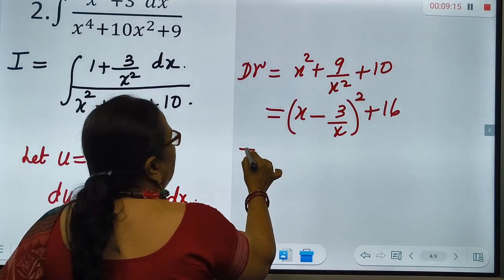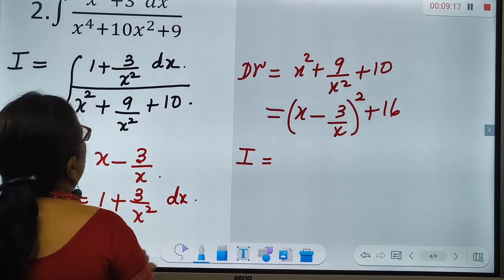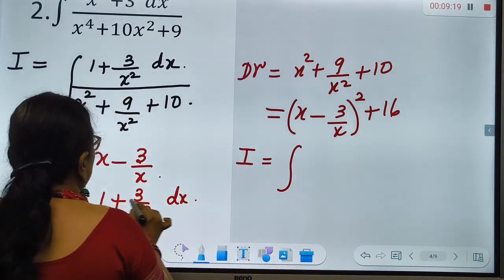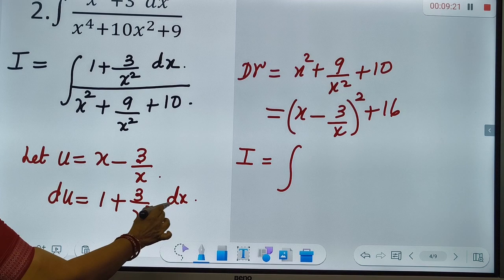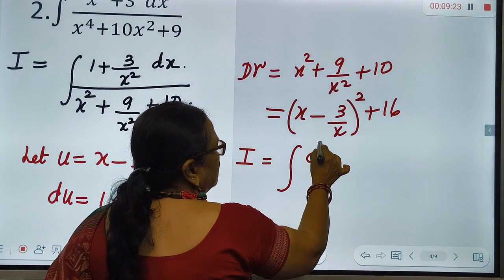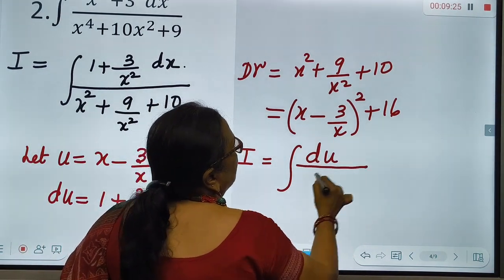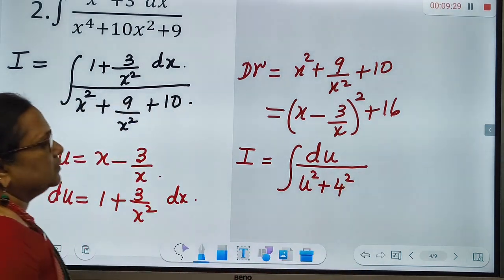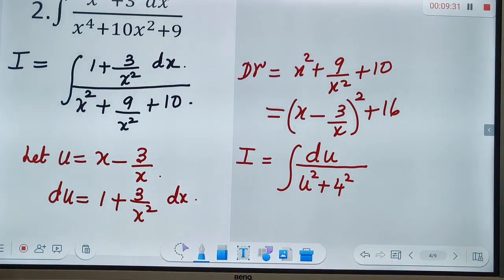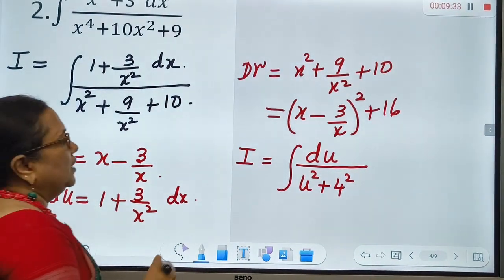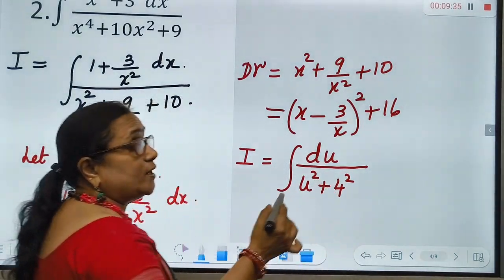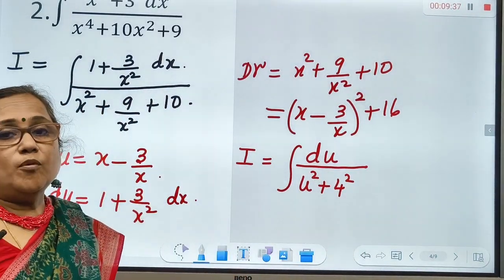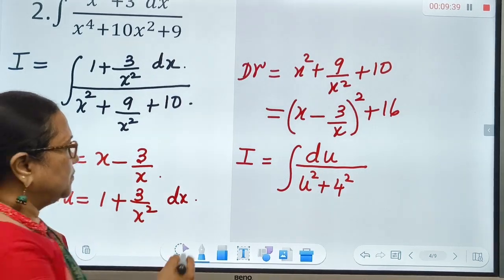So the integral will now be equal to the integral of, what is 1 plus 3 by x square dx, du. What is the denominator? u square plus 16, which is u square plus 4 square. Now this is of the form dx by x square plus a square. What is the formula? 1 by a tan inverse x by a.